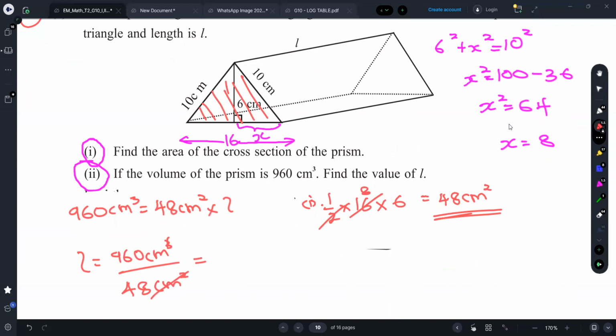So 960 divided by 48, we get 2 times, 2 times 48 is 96. Therefore, here 20. So, L should be 20 centimeters. Write down this. Complete your answers. You should remember that the volume of a prism is cross-sectional area multiplied by length.